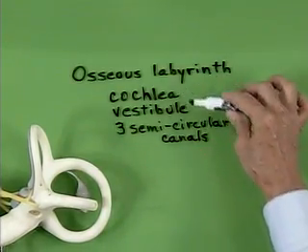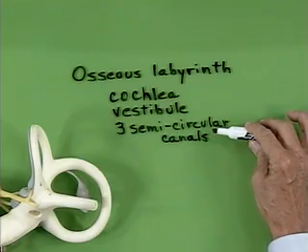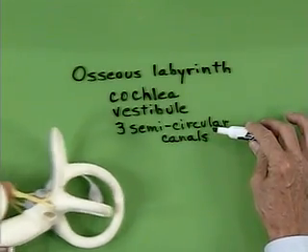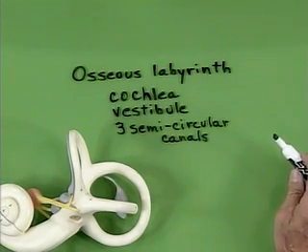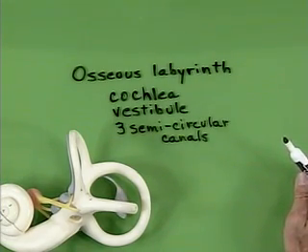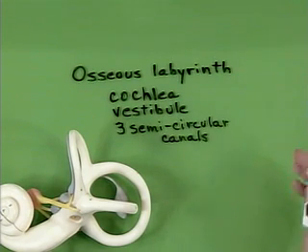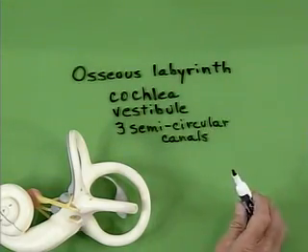So all these are just subdivisions or particular parts of this osseous labyrinth. Now, none of the osseous labyrinth is considered to be a component of the internal ear per se, but it does surround and protect the internal ear. So cochlea, vestibule, 3 semicircular canals.